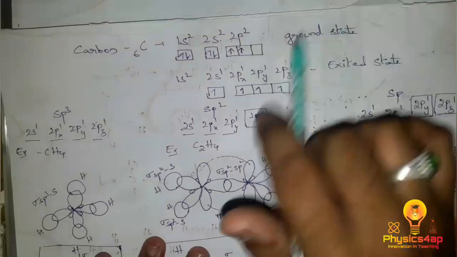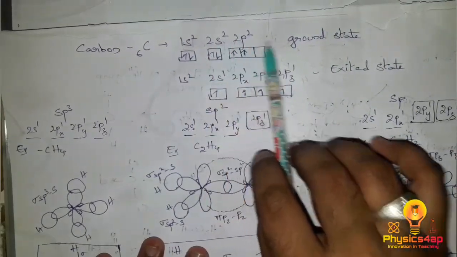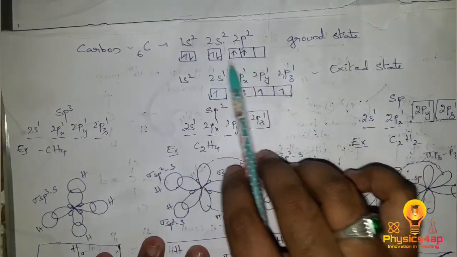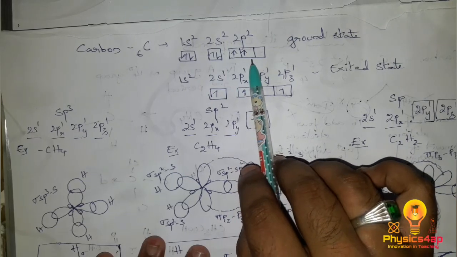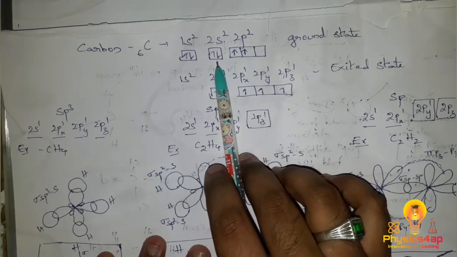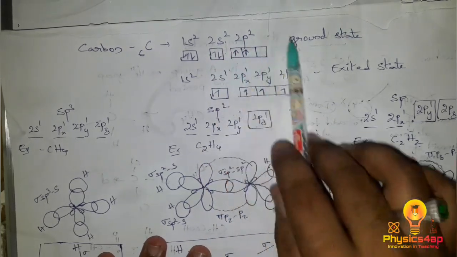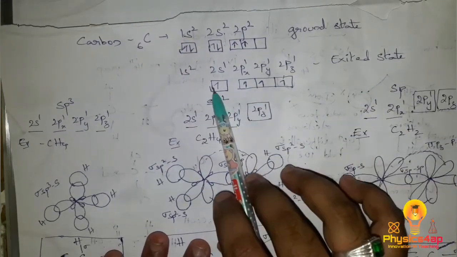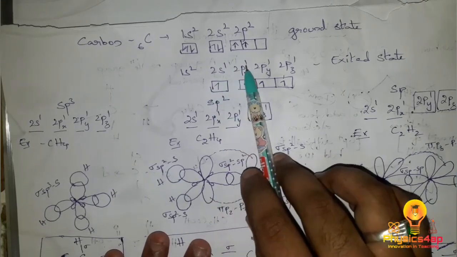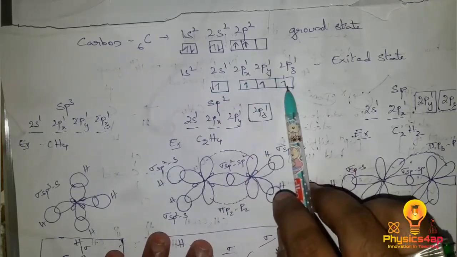Carbon's electronic configuration is 1s2, 2s2, 2p2, which is the ground state electronic configuration. Now when an electron present in the s orbital jumps to the p orbital, that is when it moves to the excited state, it becomes 2s1, 2px1, 2py1, 2pz1.